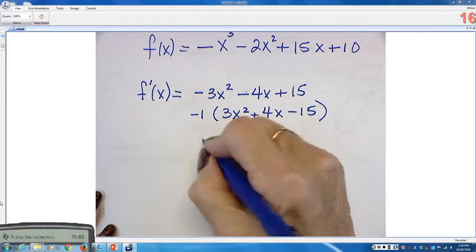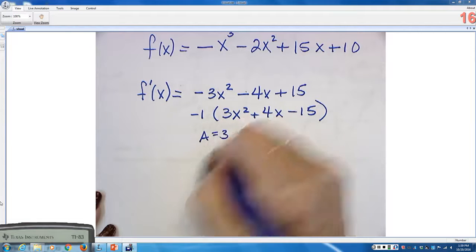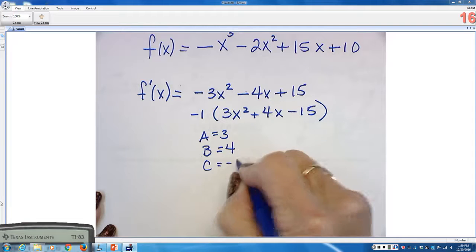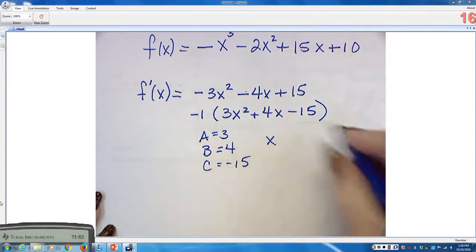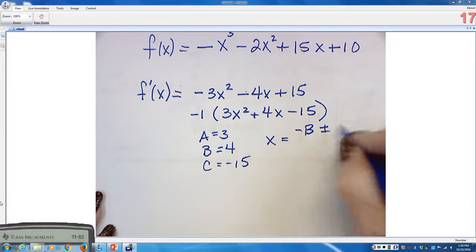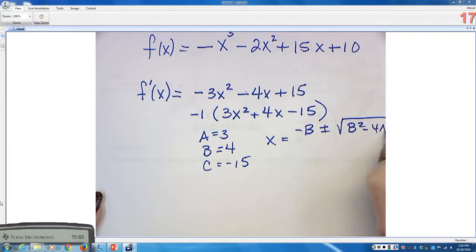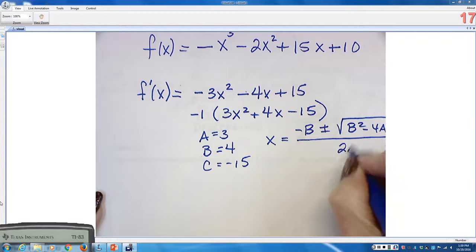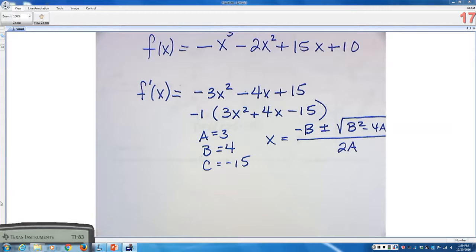So if I use a equals 3, b equals 4, c equals -15, the opposite of b plus or minus the square root of b squared minus 4ac over 2a. You should recognize that from finite.